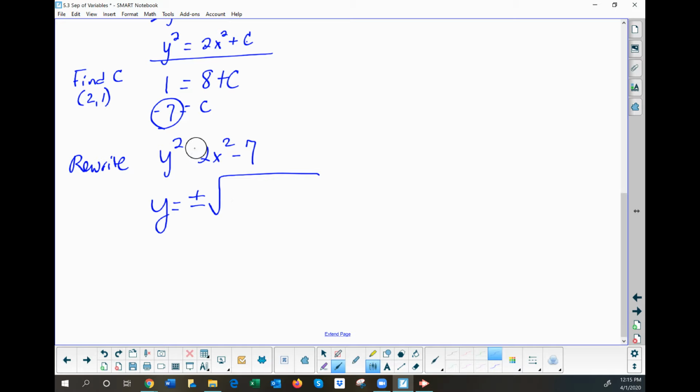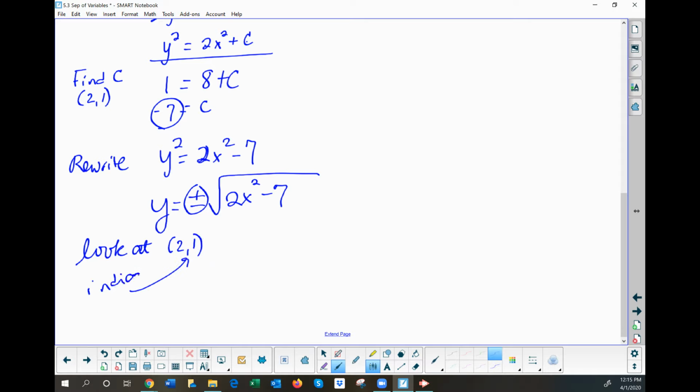This is not a function yet. Because of the plus minus, I would end up with like 2 branches of a parabola here. And to get this knocked down to just 1, I look back at the initial condition, 2, 1. This indicates to me that I need to have a positive y value.